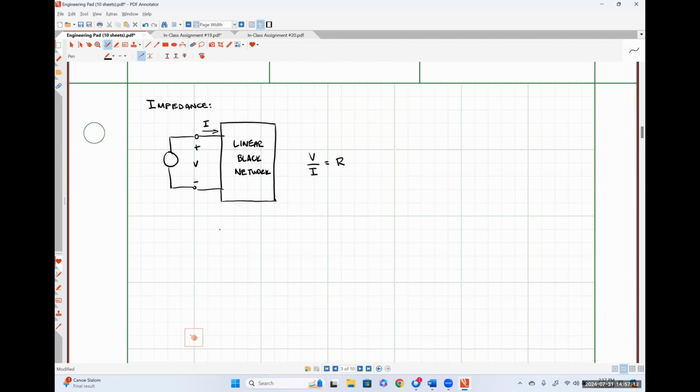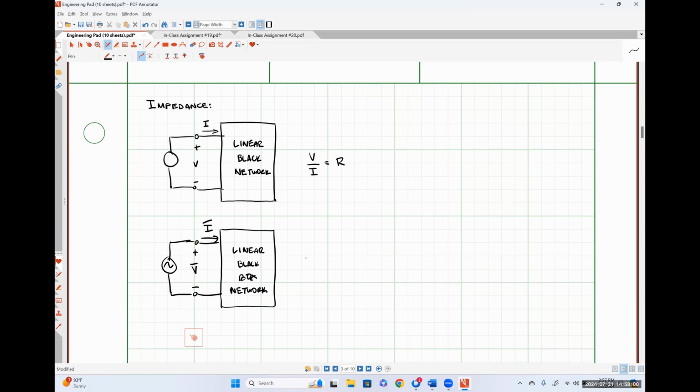Now, if we do the same thing, but instead of exciting our black box network with a DC source, we excite it with a sinusoidal source, and we measure the phasor voltage across the terminals and the phasor current flowing into the terminals, the ratio of our phasor voltage to phasor current is commonly known as the impedance Z.